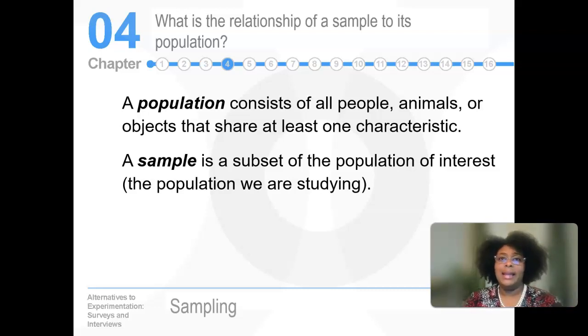So if I'm looking at Asian Americans, then I can say that Asian Americans are my general population. That's the population. Whereas the sample, I'm going to take a subset, a portion of the population that I am studying, say Asian Americans, so that they can represent the general population that I am studying.